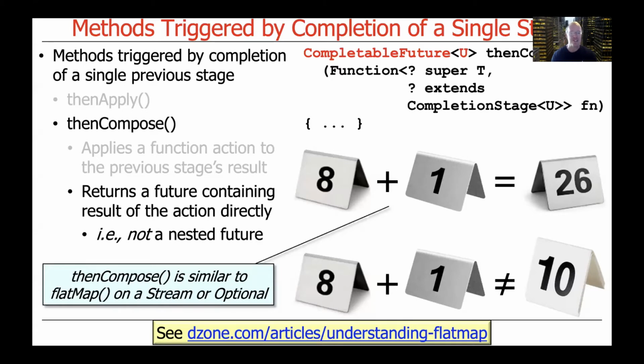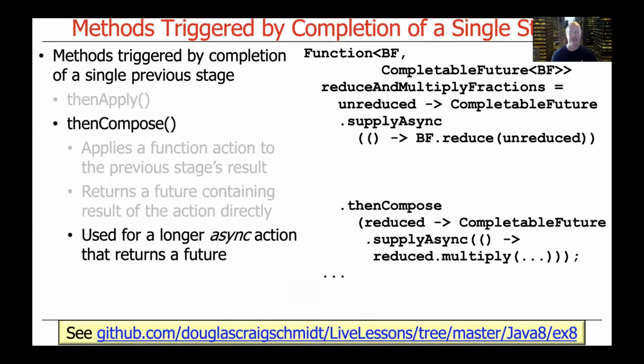So it denests things. So if you're going to use then compose and you have 2 completable futures, you'll end up with a single completable future when you're done. Were you to use then apply, you'd end up with nested completable futures when you're done, which is often more unwieldy, although still usable, it's just more unwieldy.